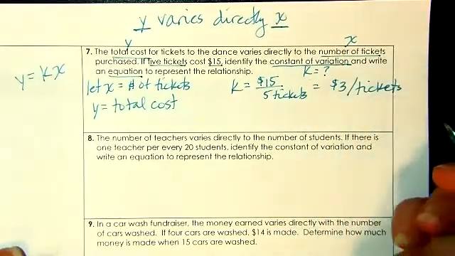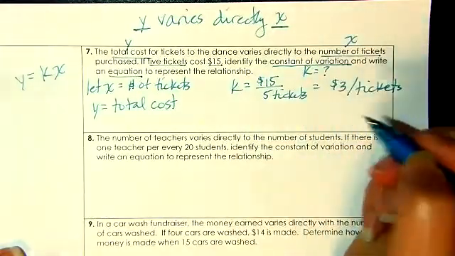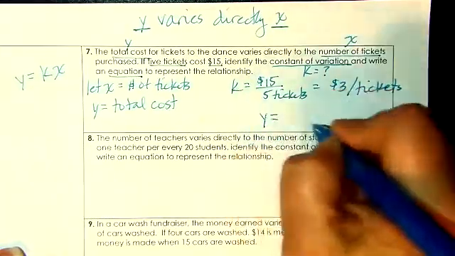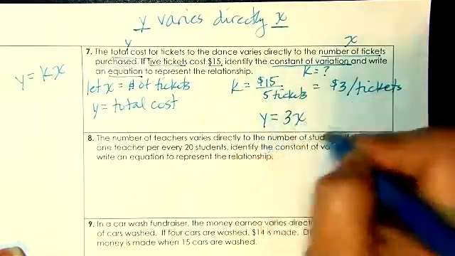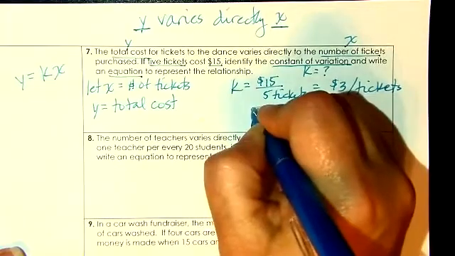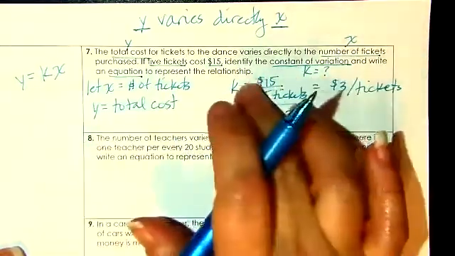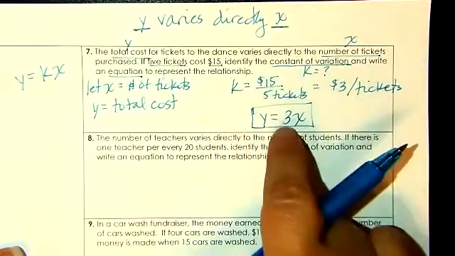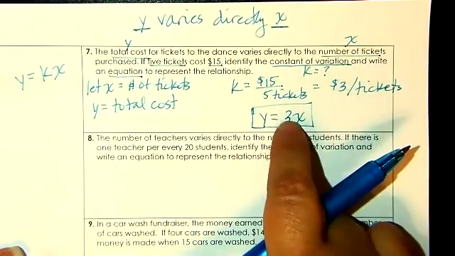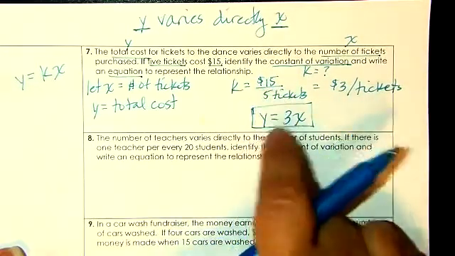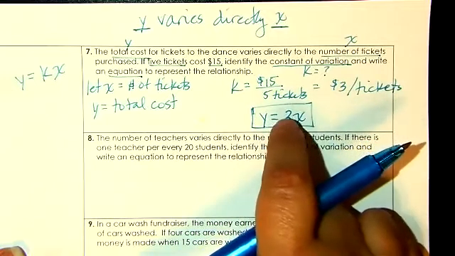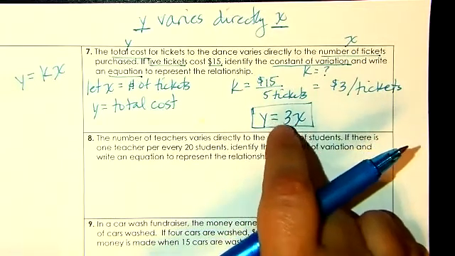So now I'll plug in and I'm going to get my equation of Y equals 3X. So this is everything that's expected for the problem. You label your variables, show your work for finding K, and then the only thing you plug in is the K, not the 15 and the 5 in here. It's the K of 3.